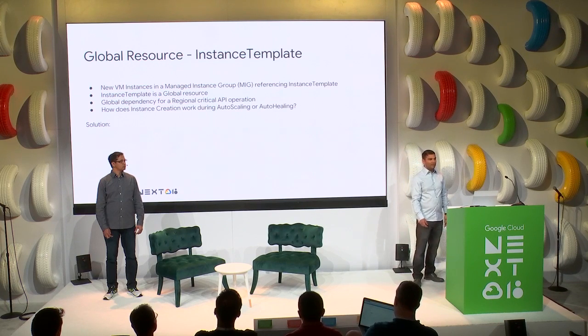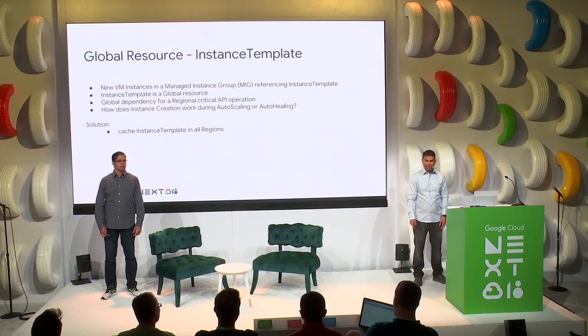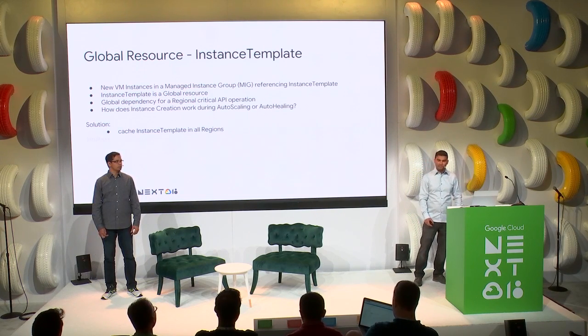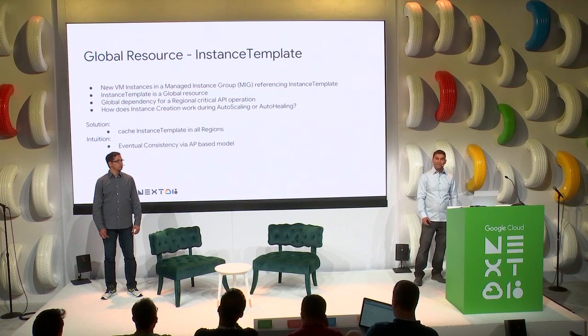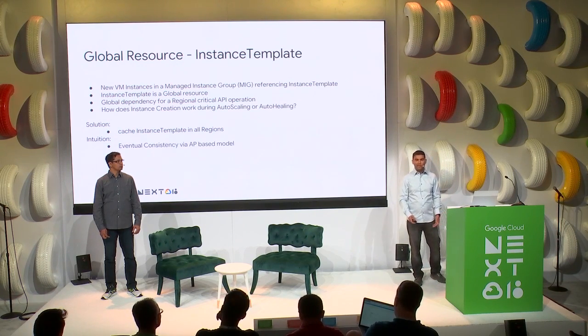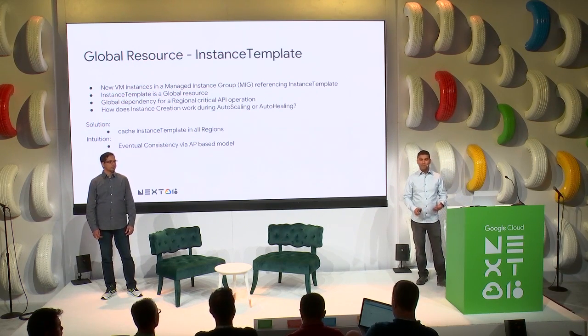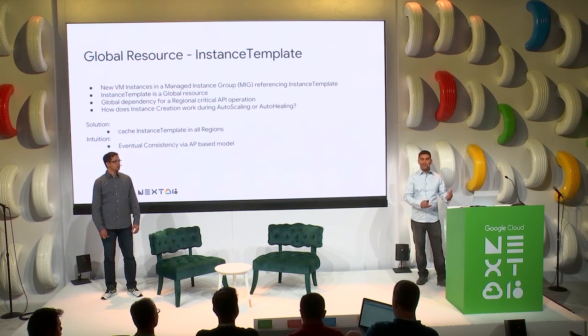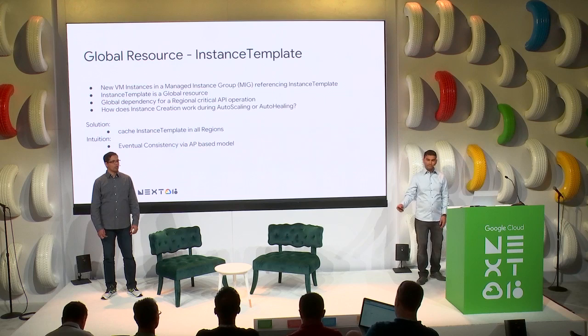So the solution we've arrived at is we cache instance templates in all regions. We actually do 2 levels of caching. The intuition that we operated on is that it was acceptable to go with eventual consistency via an AP-based model. We just talked about CAP, and this is the AP model that we could successfully apply for instance template.